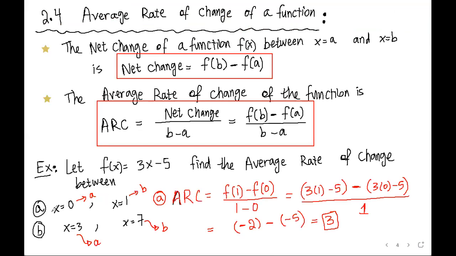If I put any two points, from 0 to 1, 3, 5, 5, 7, 6, 20, the average rate of change is going to be the same, 3. Always gives me 3. Why? Because 3x minus 5 is a linear function. Linear function means the exponent for the variable x is 1.